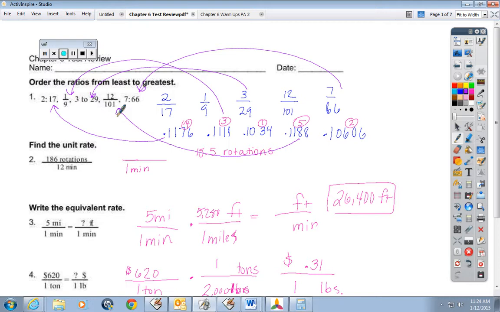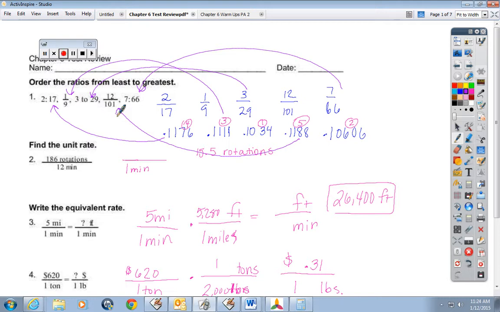On number 3, this equivalent rate means that we have to convert something. So for number 3, we have miles and minutes, and we want to change that to feet and minutes. So we write the original, 5 miles in 1 minute.